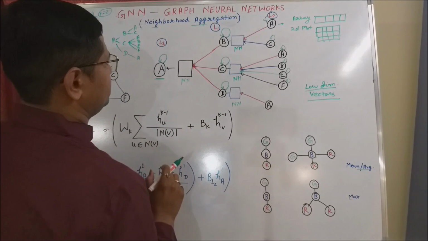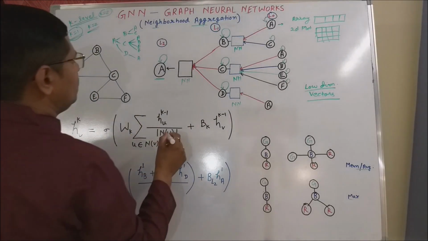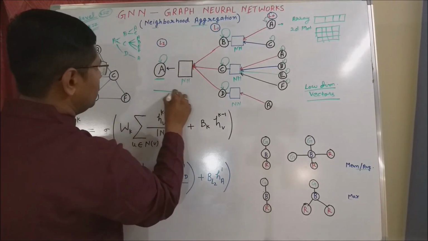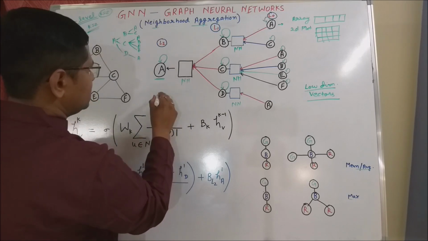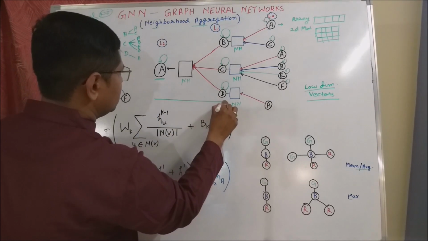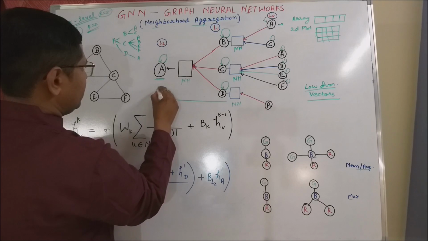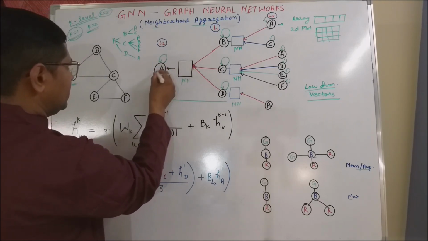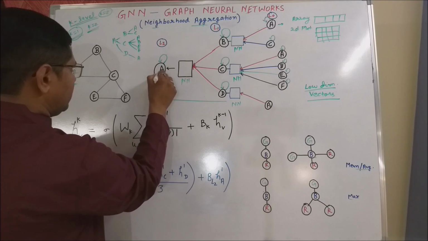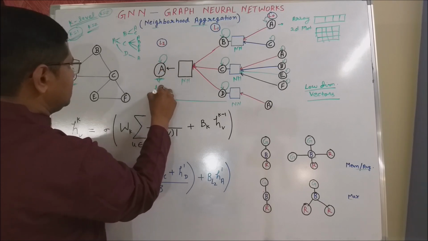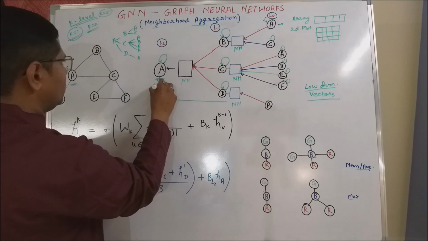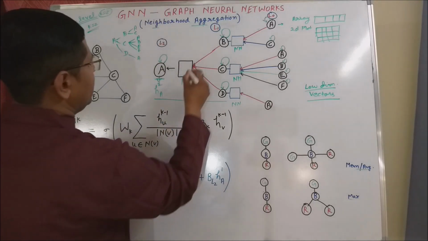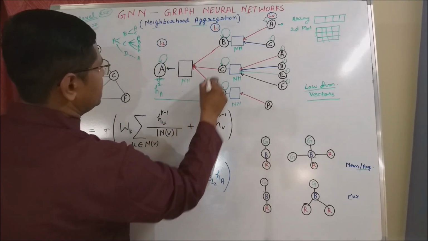So we are considering two things: features that are present on the same node and features which are coming through the neighbors. So now for layer 2, let us try to understand how it works. I will take the outcome at this node as H_A^2 because it is at layer 2, and this is a neural network architecture.